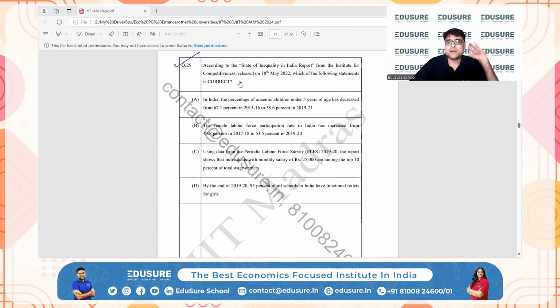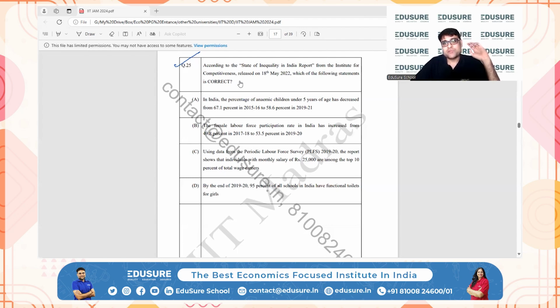Let's take a look at option B. The female labor force participation rate in India has increased from 49.8% in 17-18 to 53.5% in 2019-20. The female labor force participation rate in India is relatively low and has not shown such a significant increase.